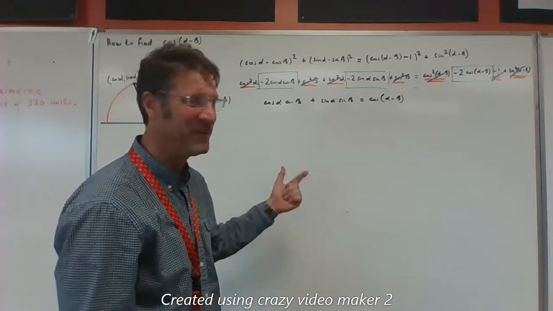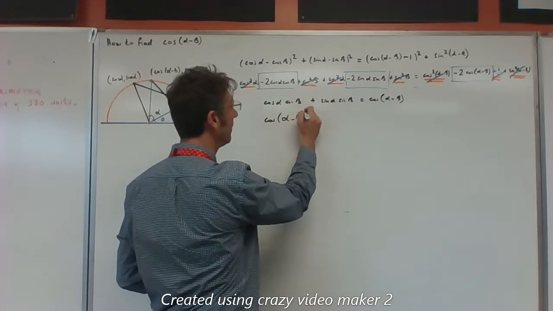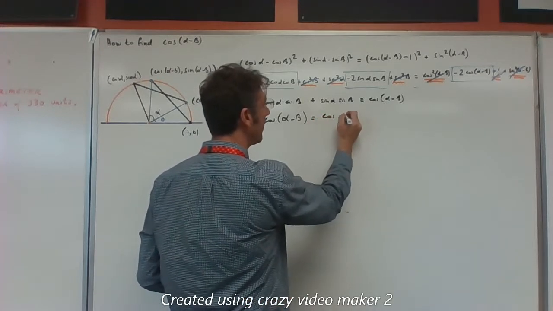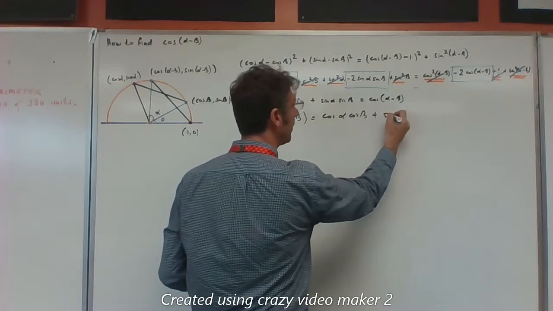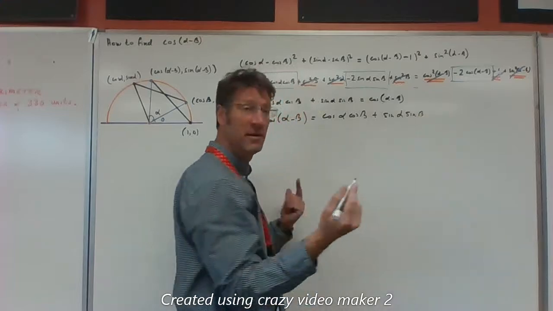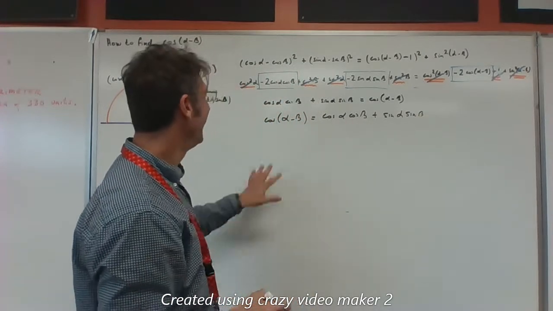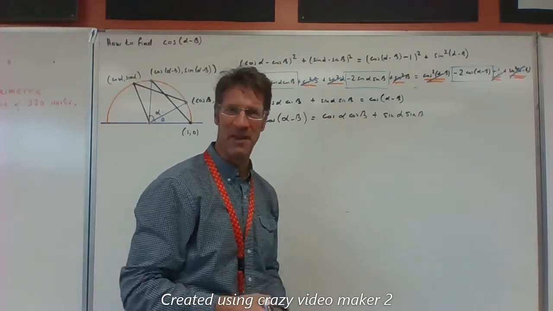Just turn this around and you get that the cosine of the difference of two angles is equal to the product of the cosines plus the product of the sines. That's what it is. It's this pretty simple thing. So cosine (alpha minus beta) is cosine alpha cosine beta plus sine alpha sine beta.